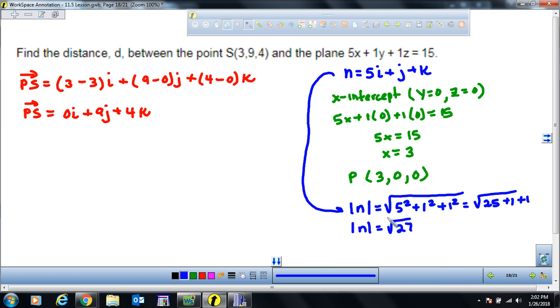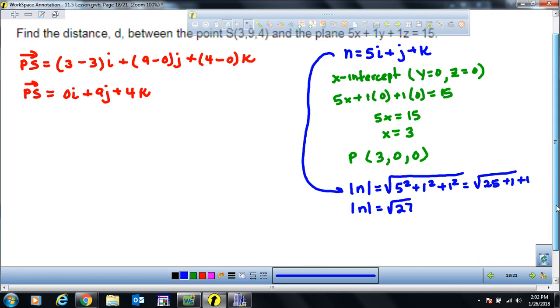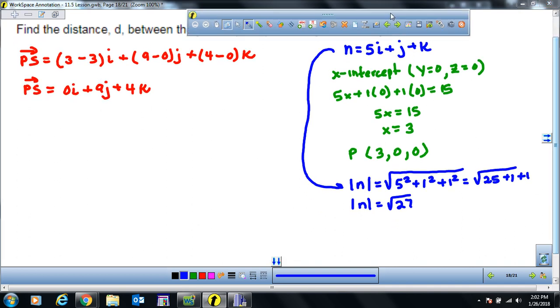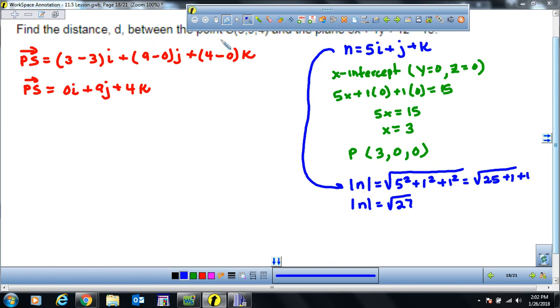I don't need to reduce it because we're going to get a distance. So the answer is going to be just the distance from the point S to that plane.